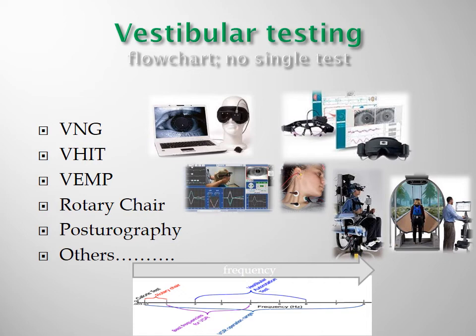These tests include video nystagmography, video head impulse test, VEMP, rotary chair, posturography, and others. These tests are complementary, and sometimes I need one or more of them to accurately diagnose the side and site of the vestibular affection.